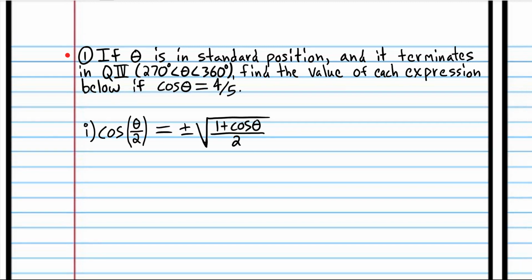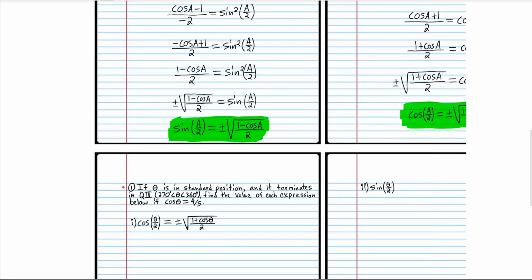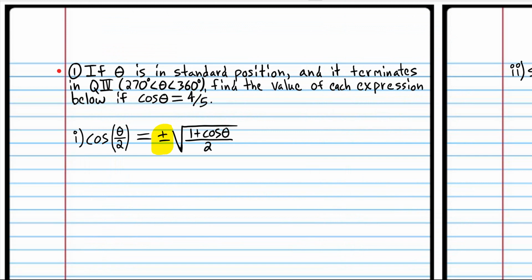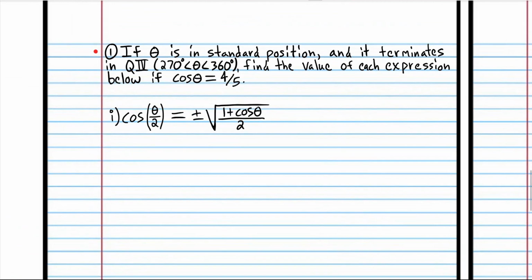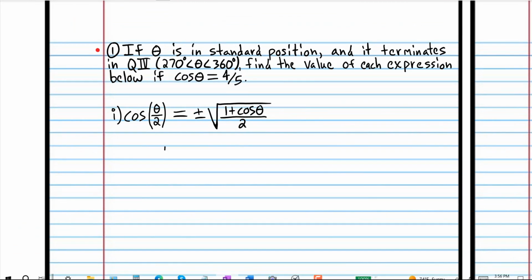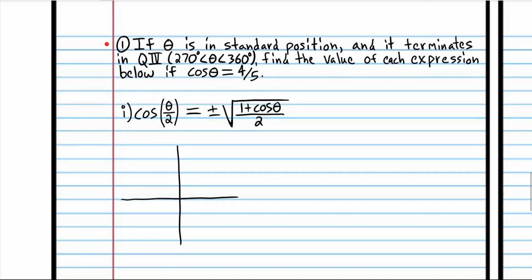Now, the first thing that we need to do, we need to determine if we're going to use a positive symbol or a negative symbol. So here's the part that's a little intimidating for students. If we know theta terminates in quadrant 4 and is between 270 and 360, as it tells us in the problem, then that means theta is obviously down here.